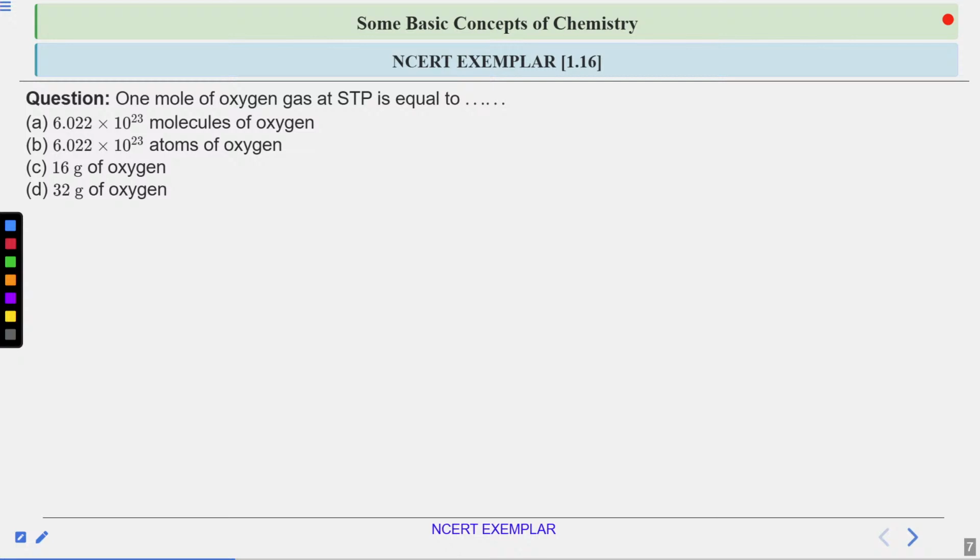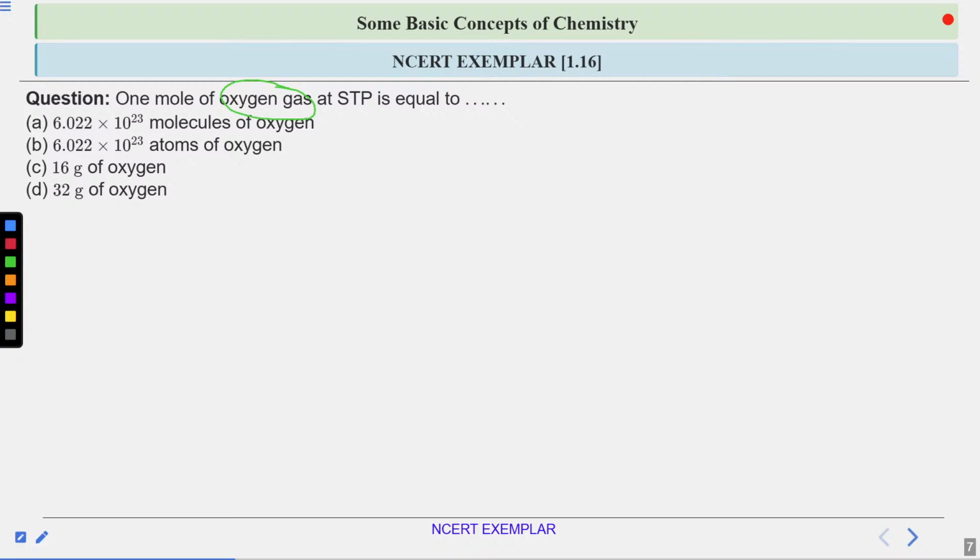Now, if I am saying that we have 1 mole of oxygen gas, that means we have 1 mole of O2. Here oxygen gas means O2, because oxygen gas means we are taking the actual oxygen gas, and actual oxygen gas never exists as a single oxygen entity.